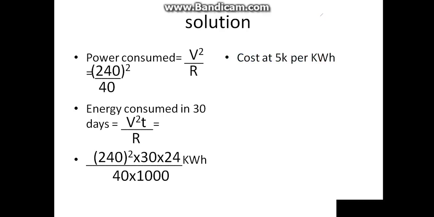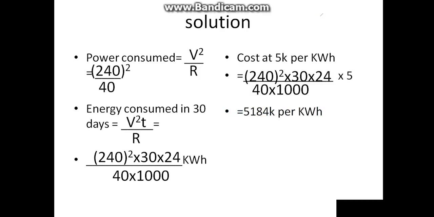Cost at 5 kobo per kilowatt hour. We now have 240 squared times 30 times 24 all over 40 times 1000 times 5, which gives us 5,184 kobo, or 51 naira 84 kobo.